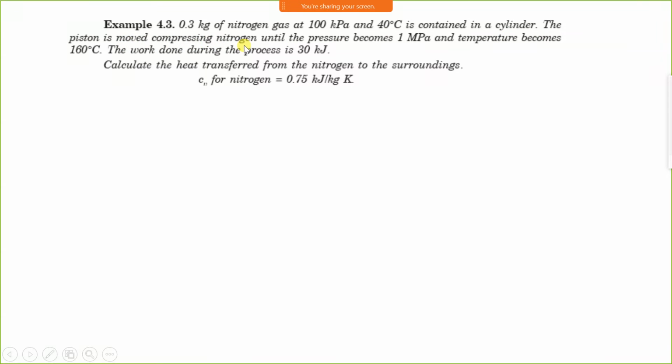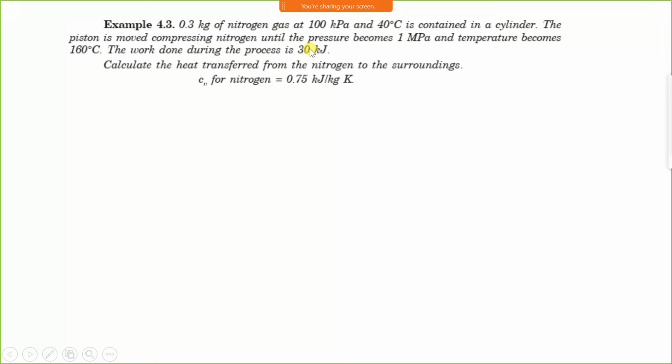The piston moves and compresses the nitrogen until the pressure becomes 1 megapascal. Listen here, 1 megapascal means 1000 kilopascal. Initial pressure is 100 kilopascal and final pressure is 1000 kilopascal. And final temperature is 160. Initial temperature was 40. The work done during the process is 30 kilojoule.